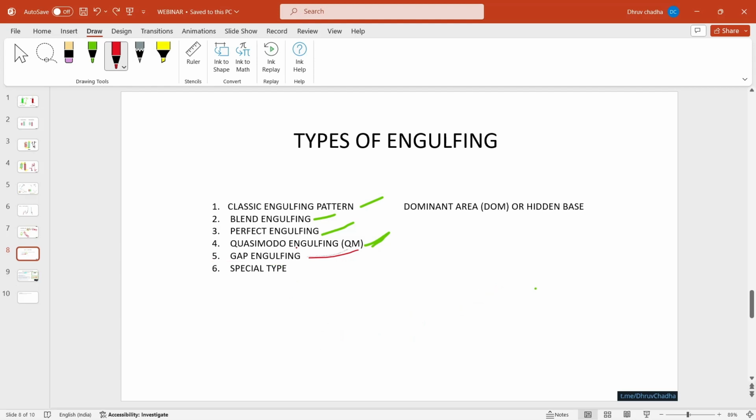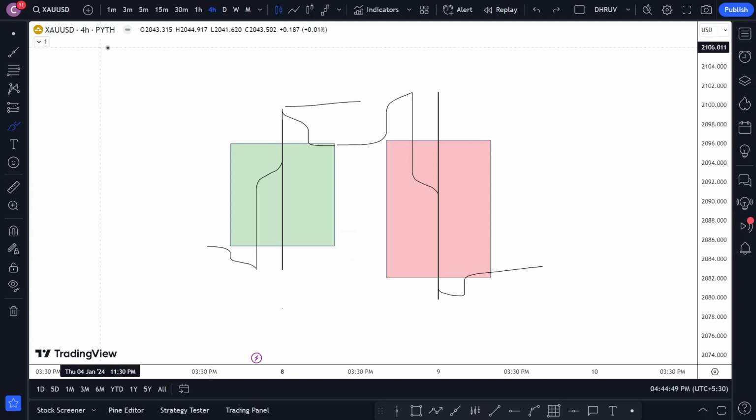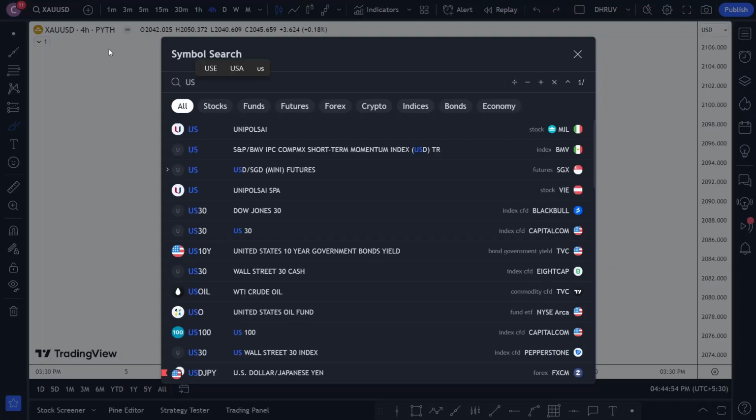The special type I'm talking about is same color engulfing, same color candle engulfing. Let me show you one example. Okay, before I talk about this special case, I want to give you a live example of a Quasimodo engulfing pattern. I have a very good example for it.